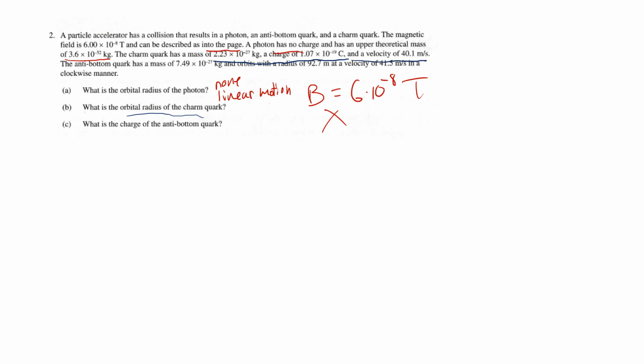That's the only stuff we have to worry about right now. So it is a positive charge. If our B is going into the paper, we have a positive charge, so that means it's going to be going in this direction. I'll call it C for charm. I know it's not the right symbol, but oh well.